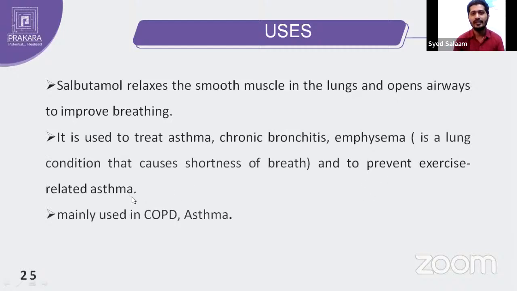Sometimes if you do a lot of exercise, you might get breathlessness. It will be used for COPD, chronic obstructive pulmonary disease, and asthma. For that, we will be using this salbutamol.